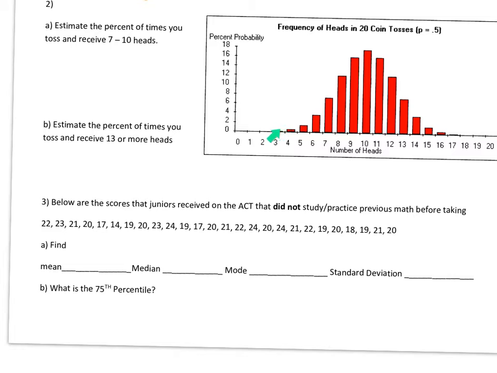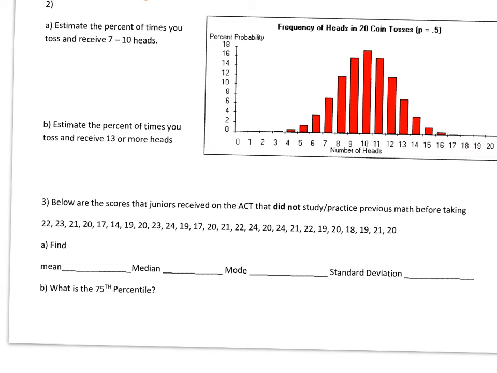So 4, that would be roughly 1%. If I was looking at this 10, if I move over, would be roughly 17%, because these are the percentages over here. So even though it's still a normal distribution curve, meaning that it still has this bell curve, the percentages for each occurring outcome are not the exact same. It's based on the bar graph.